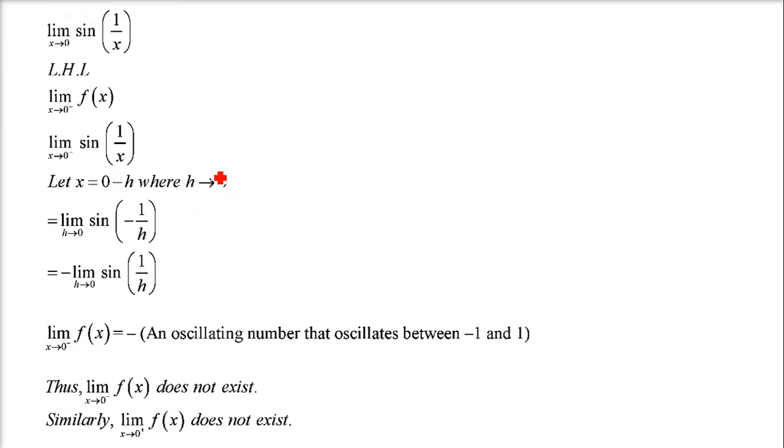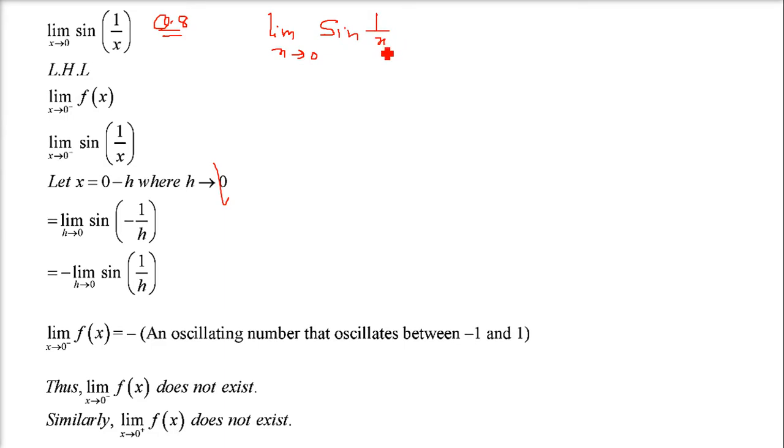This is question number 8. Show that limit x tends to 0, sine 1 by x does not exist. So if you see here, limit x tends to 0, sine 1 by x.